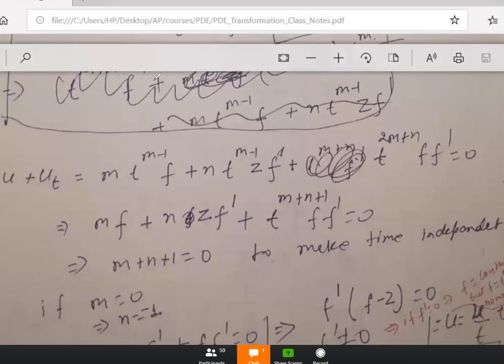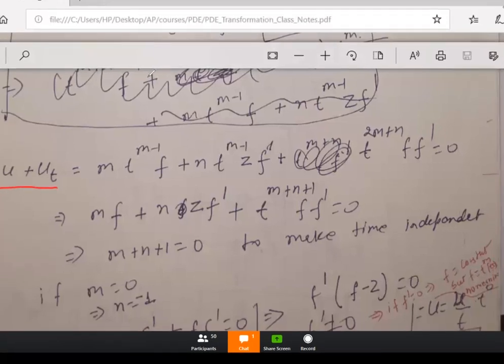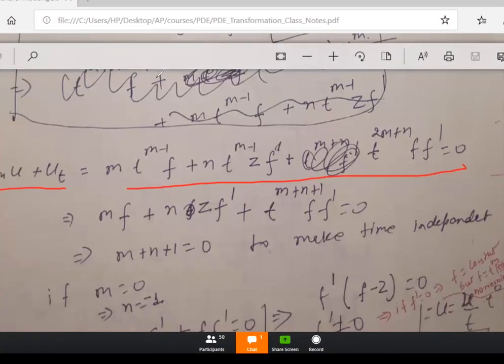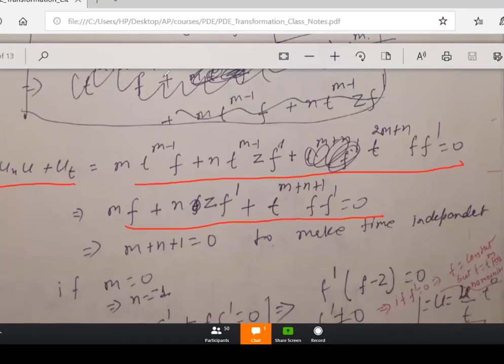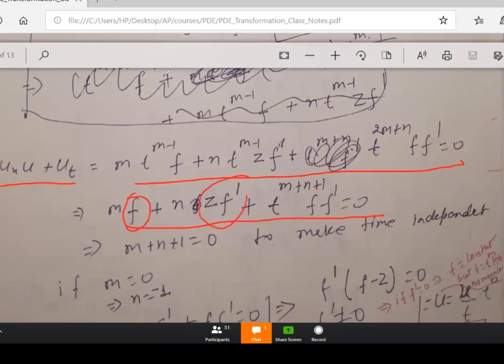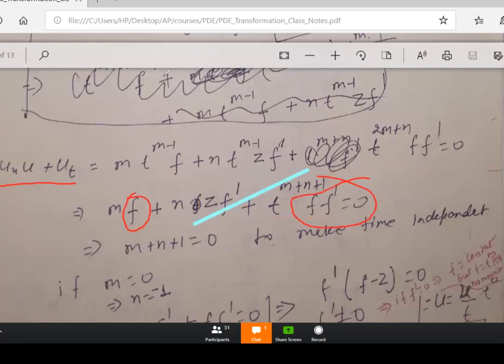Okay. So now this is the differential equation. Put all these terms, you will get this. Rearrange, you will get this. Now you notice that this f is a function of z, function of z, function of z. The only term that is not in terms of z is this t.